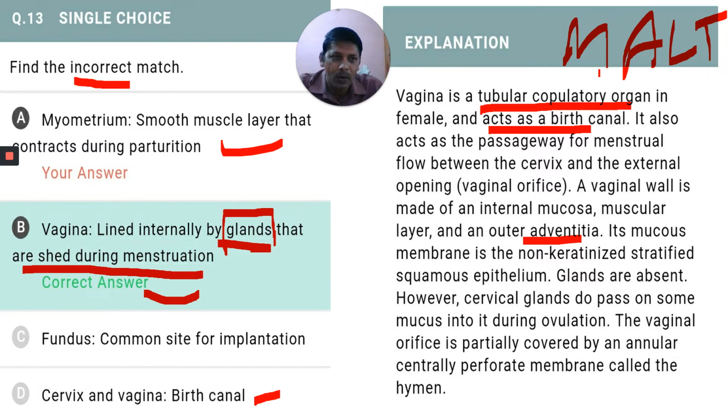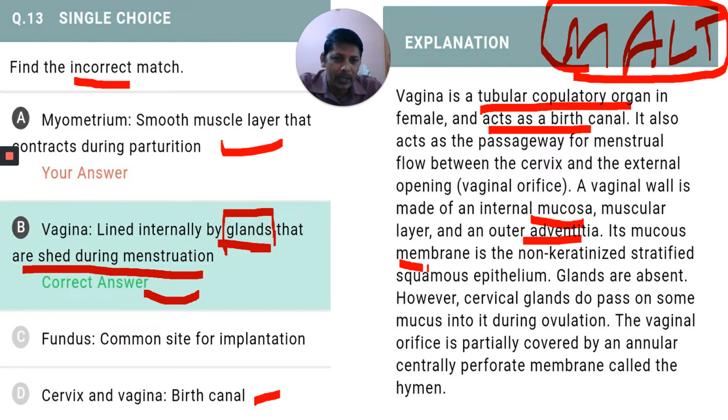That means the mucosa layer is present in the female reproductive tract also. The vaginal wall is made up of layers like the gut wall, which consists of mucosa and muscularis externa. Here the outermost layer is called adventitia. Its mucous membrane is non-keratinized stratified.